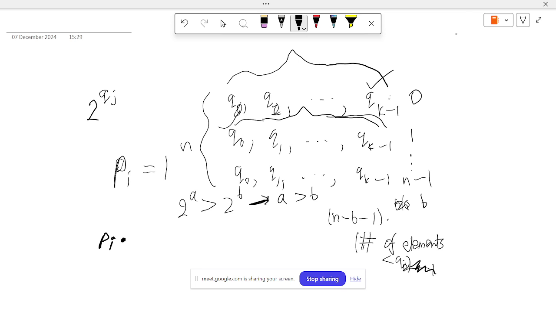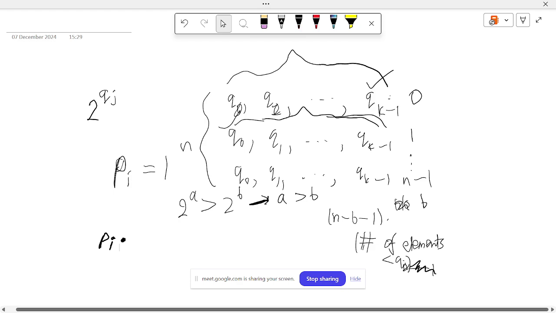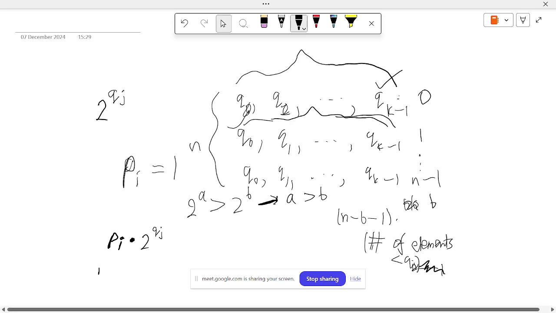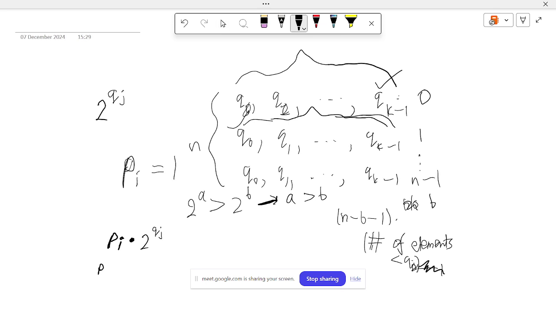Pi times 2 to the Qj, right? So basically, one observation that you can make is that what if we could do the same thing here?